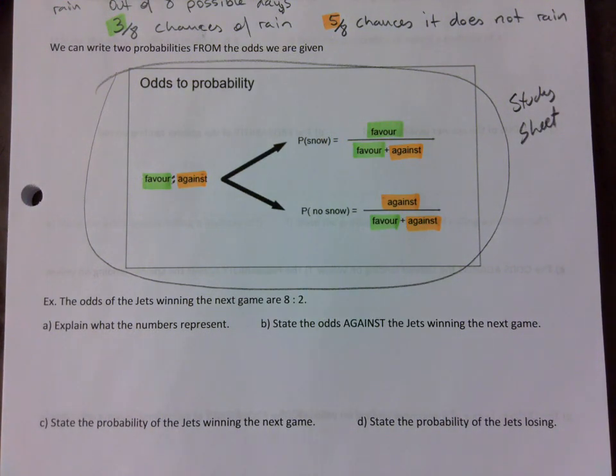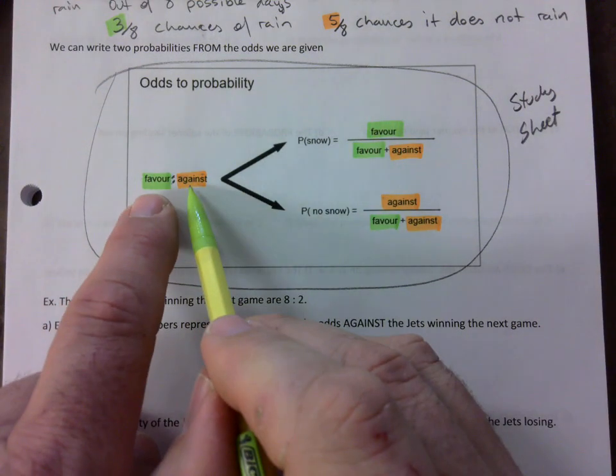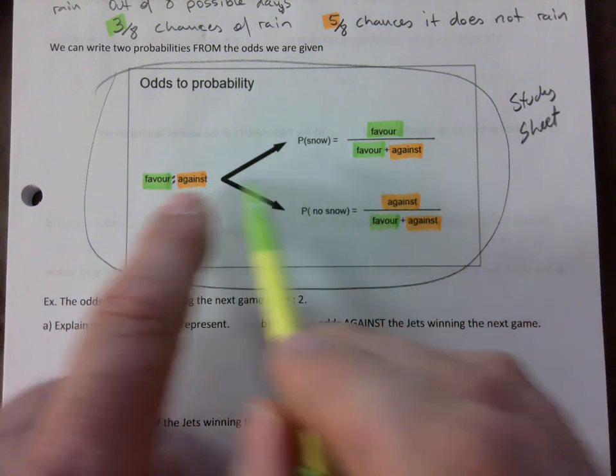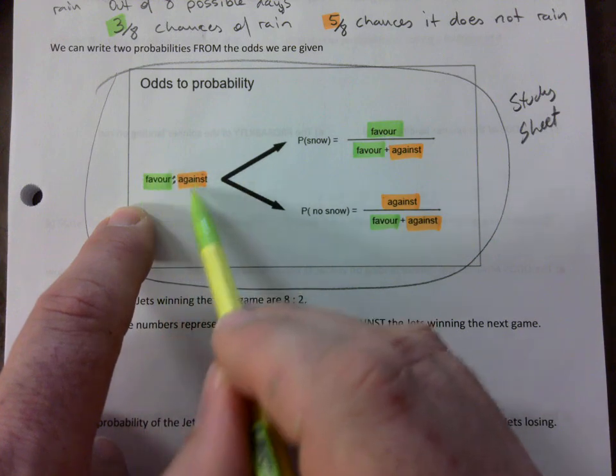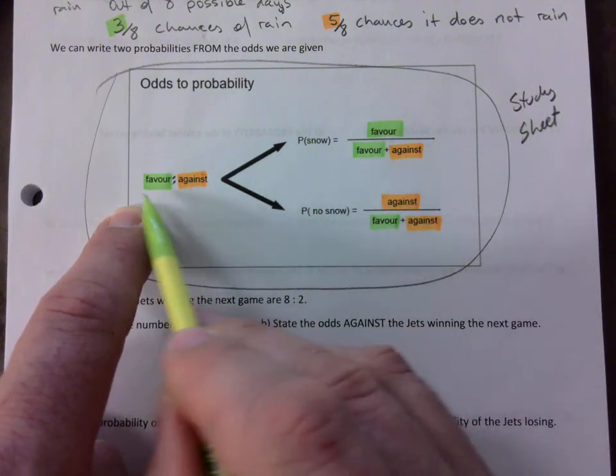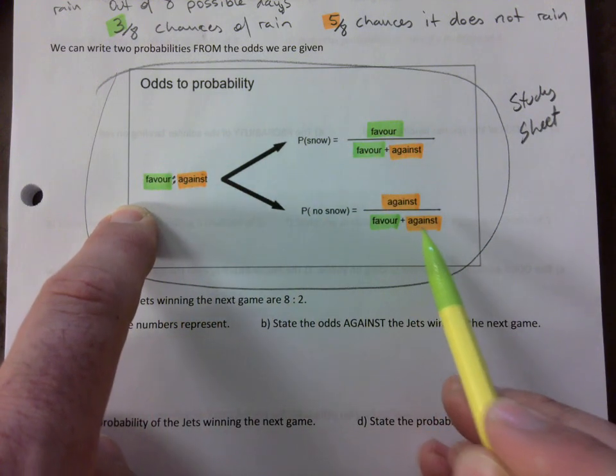Compress it, obviously, but this is going to help you out. I'm going to try different ways to get it to stick. But when I ask you to go from odds to probability, the first thing you should do is add them up and put it in the denominator. Add them up, put it in the denominator.